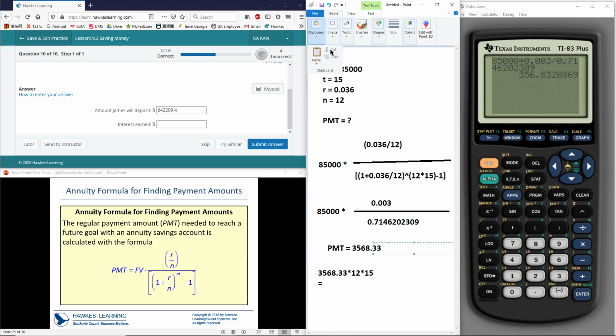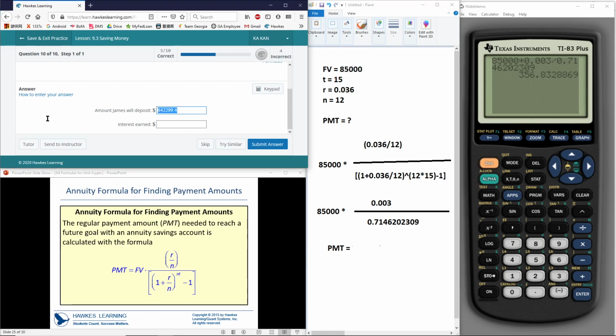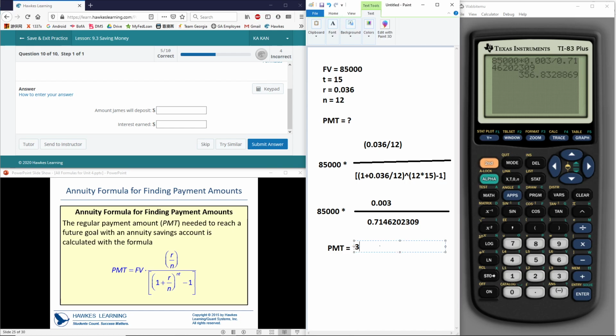So let me erase that. But this one, the payment turned out to be 356.83. There you go.